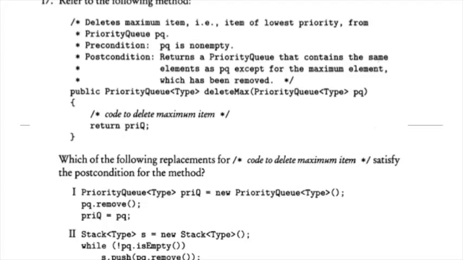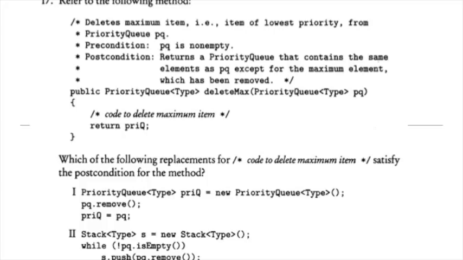Yeah, first let's check what this means. There might be some tricks that could be easily ignored. Although this is a priority queue and we want to delete the maximum item, we might think it could be a max heap or a min heap. How to check whether the first statement is true or the second statement is true?